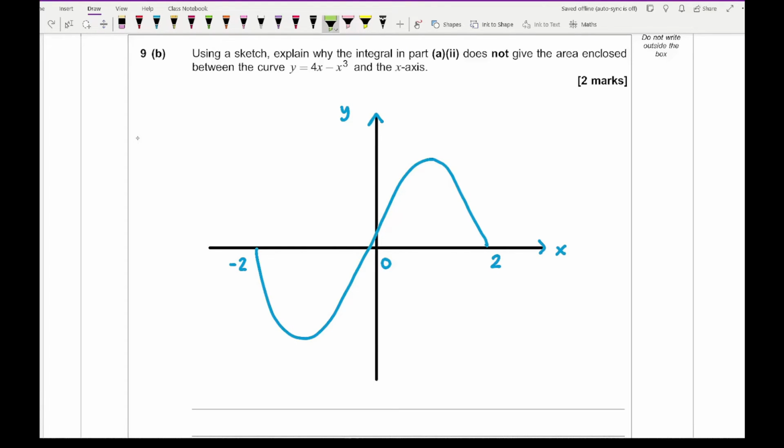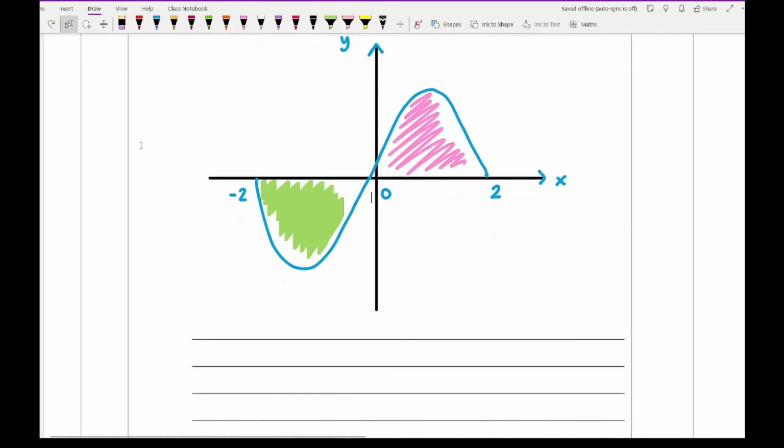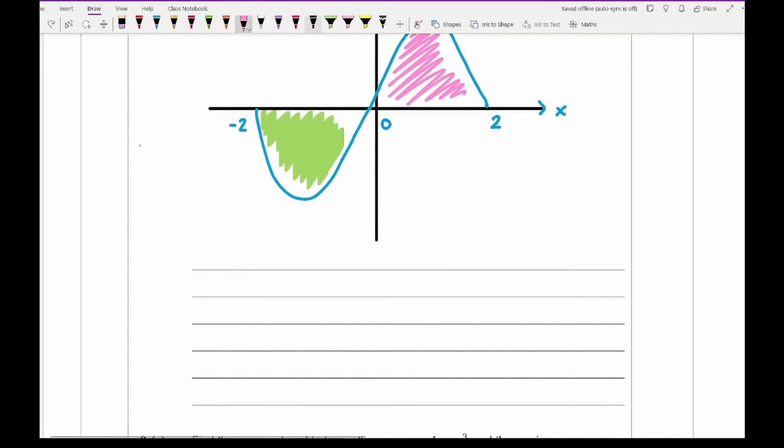So this area here is the same as this area here, so they actually cancel each other out. In terms of what you write, I would personally write something along the lines of the area between minus 2 and 0 and 0 and 2 is the same.